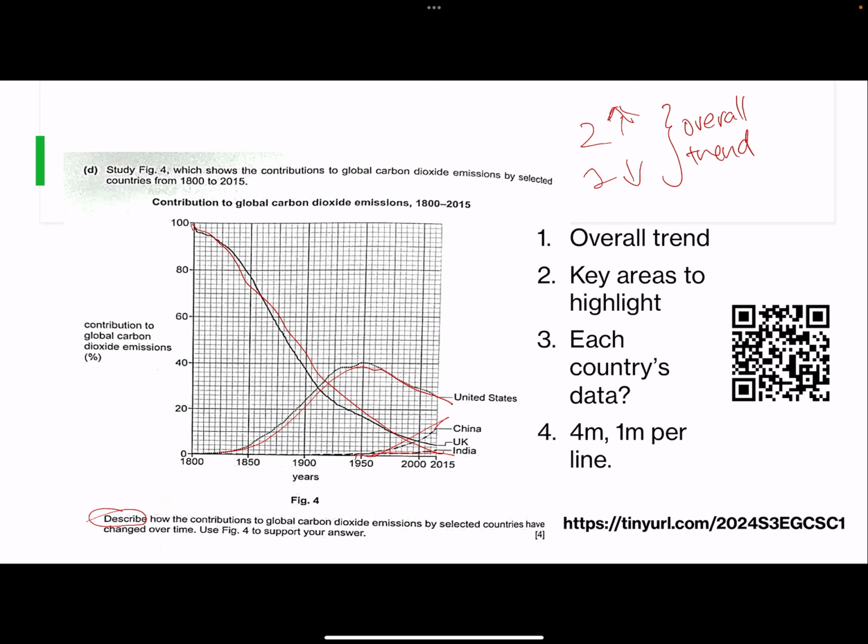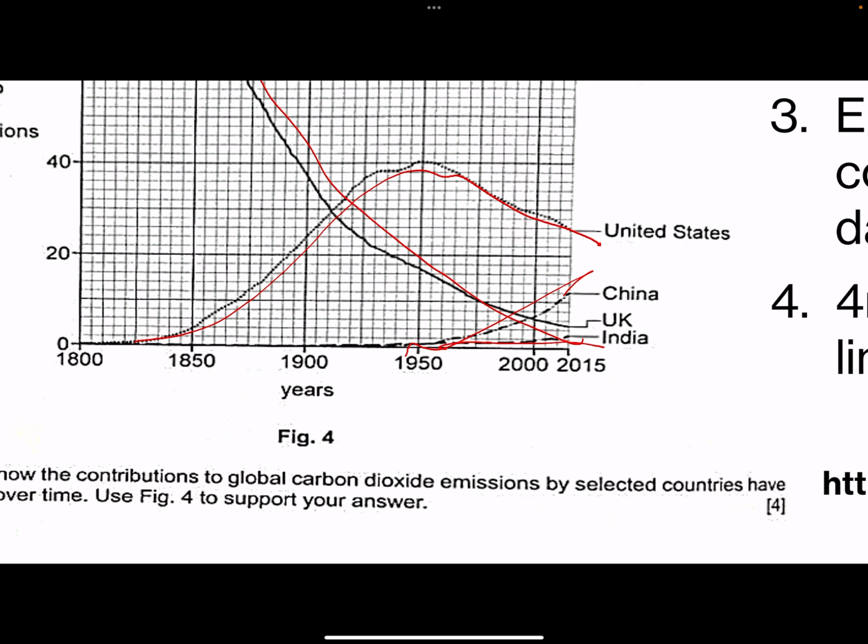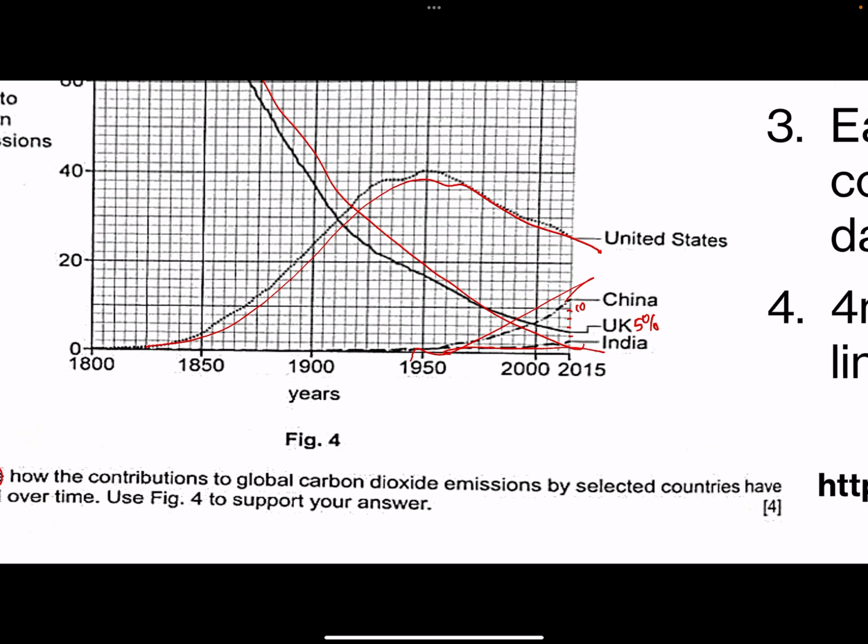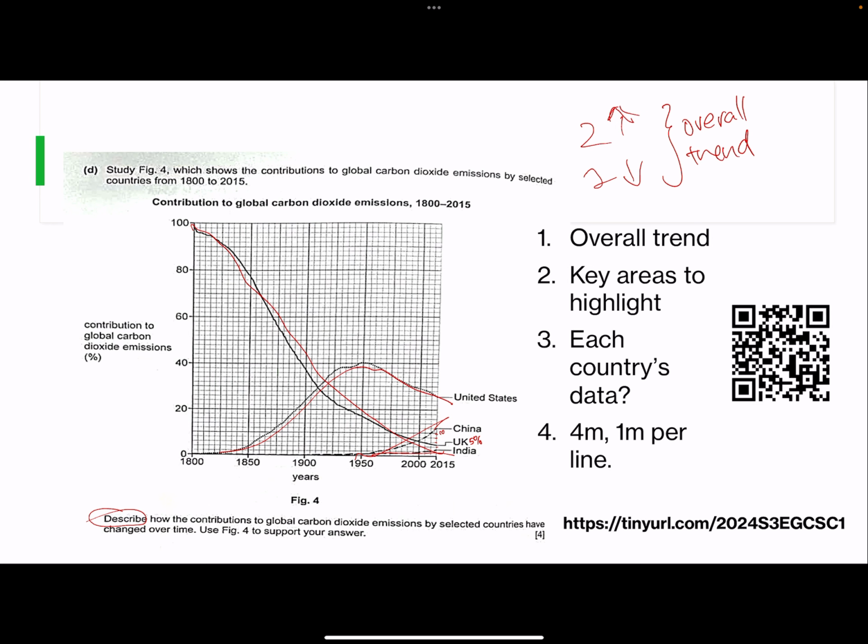Now this is to scale, so if you look at it, you can count 1, 2, 3, 4, 5. So this is at 10%. It's actually at 5%. So this point here is at 5%. So I'm able to tell the examiner it decreased from being a 100% contributor in 1800 to now, in 2015, only contributing 5% of global emissions. Similarly, I need to do this for United States, for China, and for India.